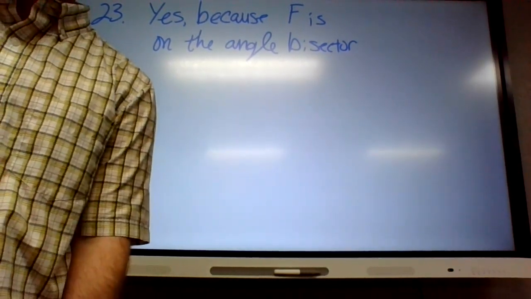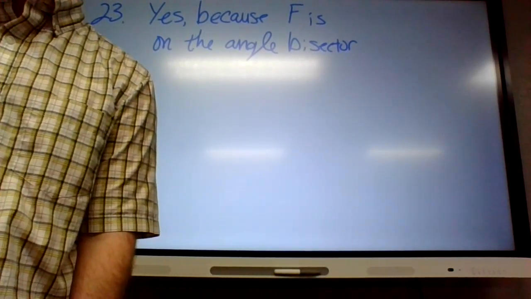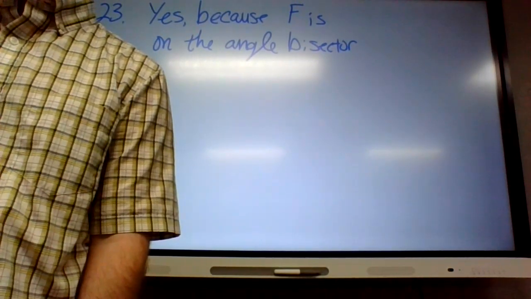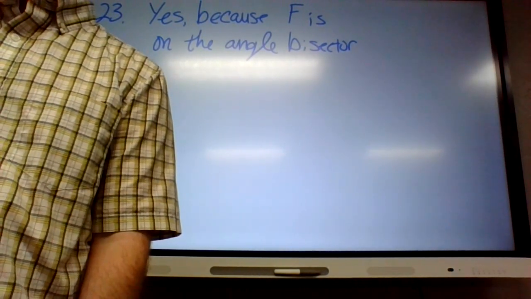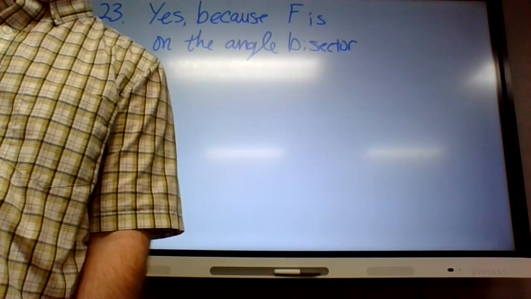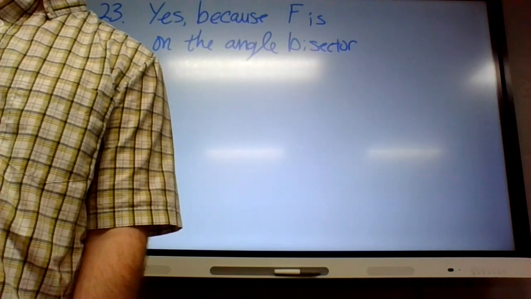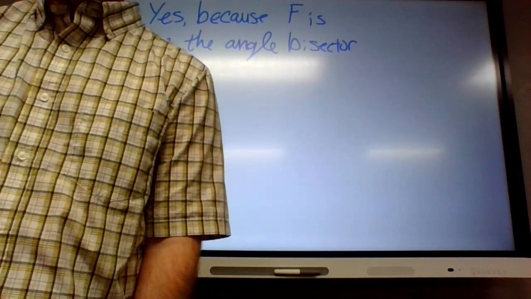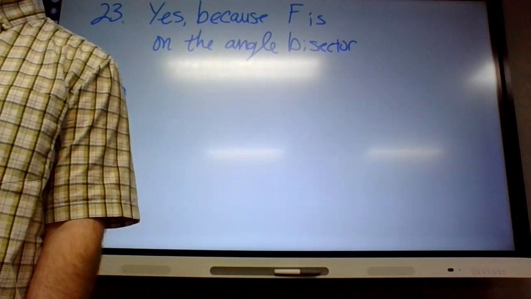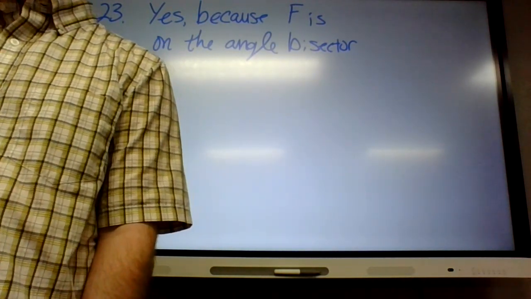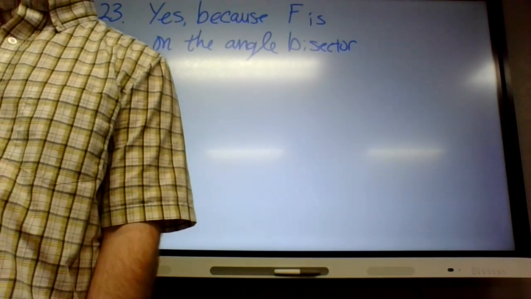Are C, F, and G collinear? Yes, explain. Okay, G has to be on the angle bisector because... Collinear, you guys remember what that means? They're on the same line. G also has to be on the angle bisector because AG and GE are congruent. It's equidistant from the sides.